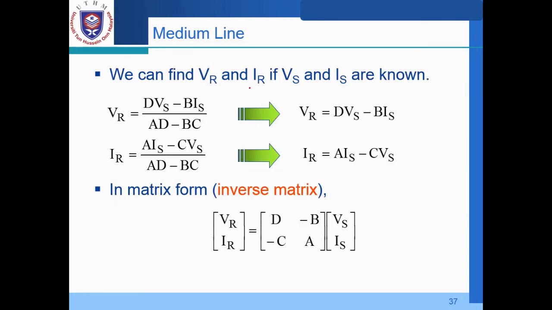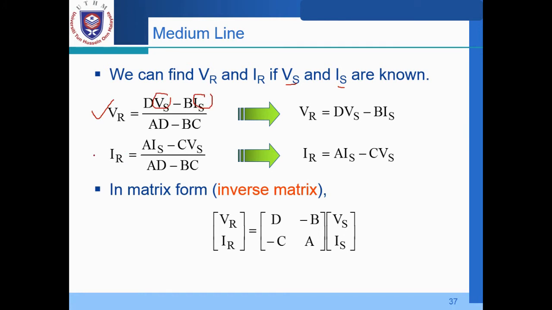So we can find VR and IR if VS and IS are unknown. So try to arrange the equation in terms of these parameters A, B, C, D. We may get VR in terms of VS and IS.